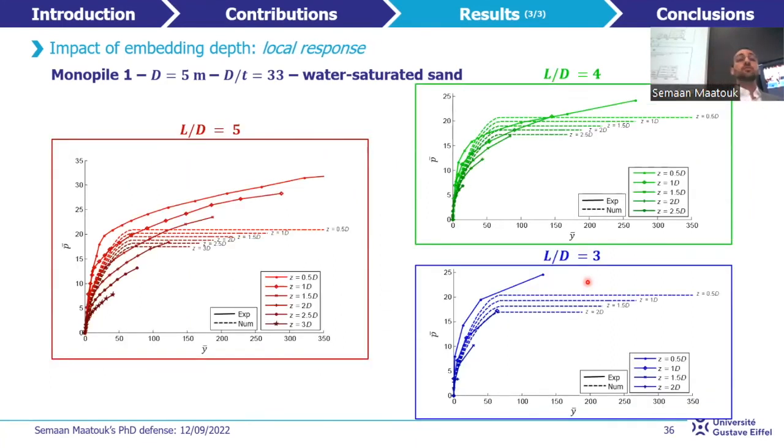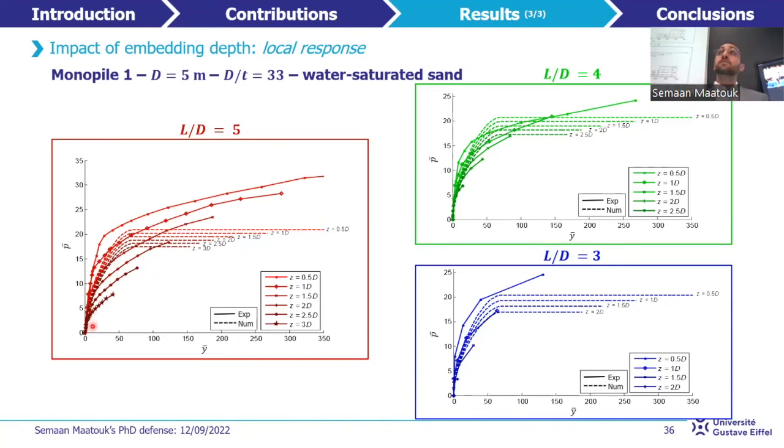The local response of the monopile is presented as dimensionless p-bar y-bar curves, experimentally and numerically, for the three different tests at selected depths, every 0.5 T. Experimentally, whatever the embedding depth is, two different trends are obtained.